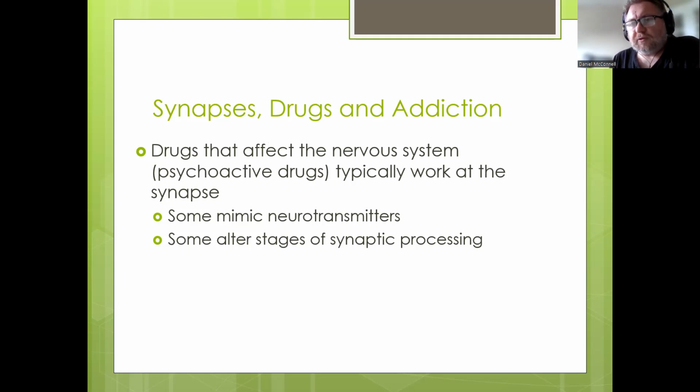Some drugs work because they mimic a neurotransmitter. What that essentially means is that the molecule of this drug has a shape that is either identical or at least very, very similar to a neurotransmitter. And as we've learned previously, neurotransmitters are sort of like a key that unlocks a door in the postsynaptic membrane.